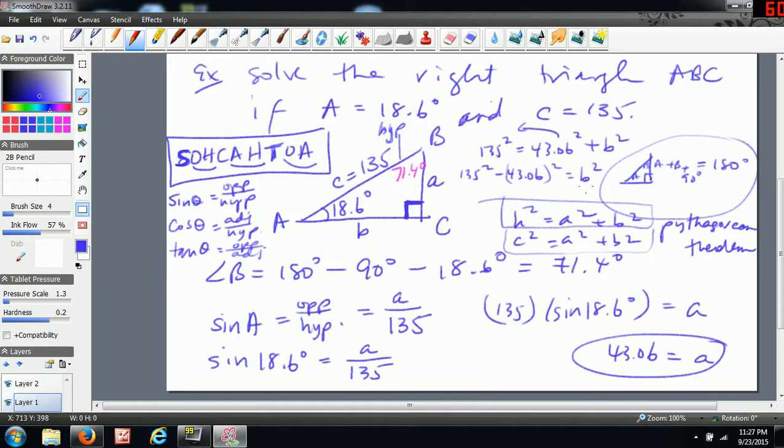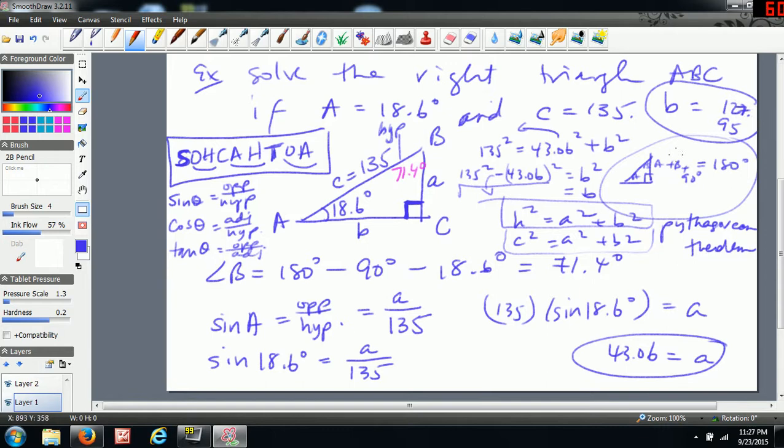So I would work this out, and then I would take the root of that number because I want to solve for B. So I would have to take the root of both sides of my equation. So B would be equal to the root of this number, and then I would finally get that B is equal to 127.95 as my final answer.